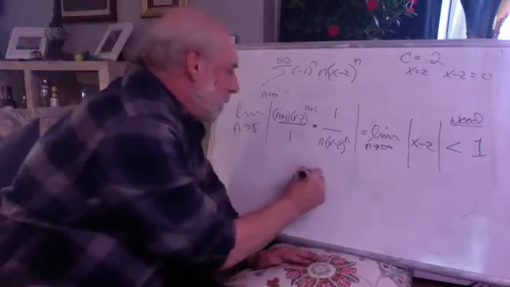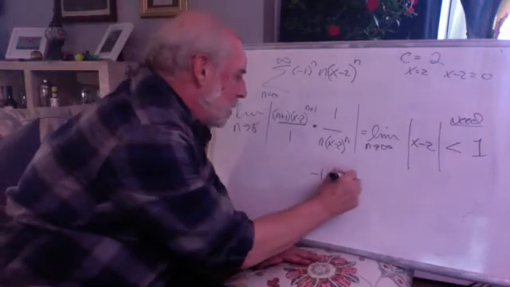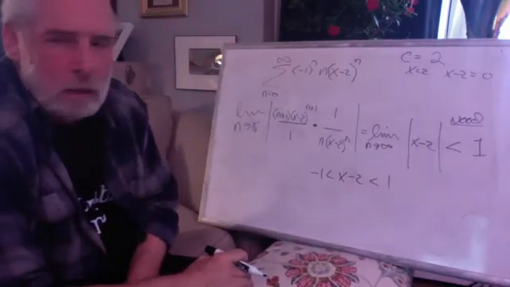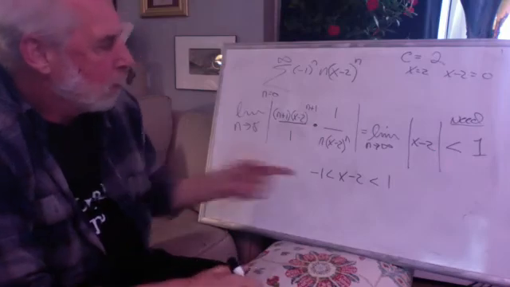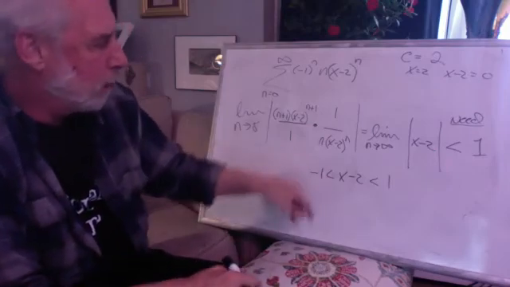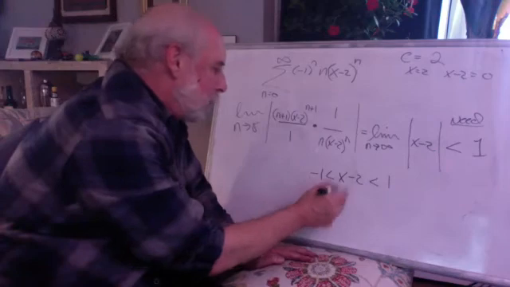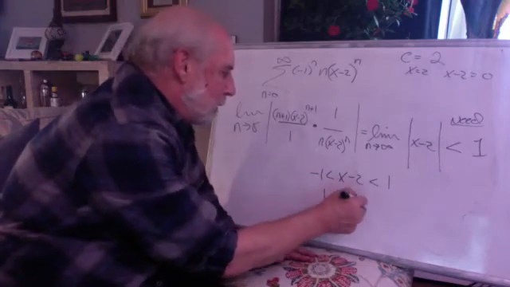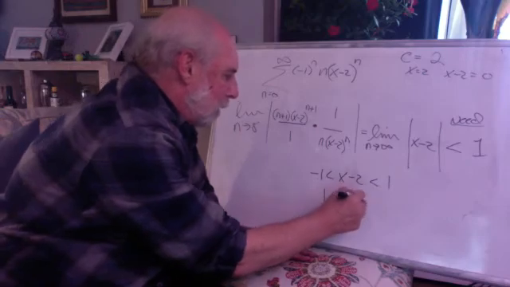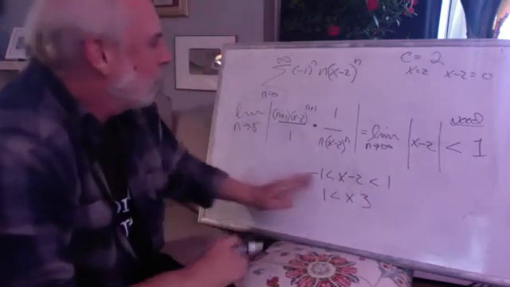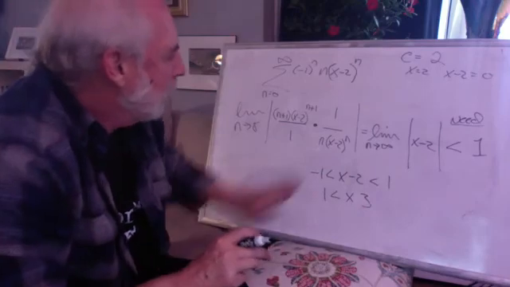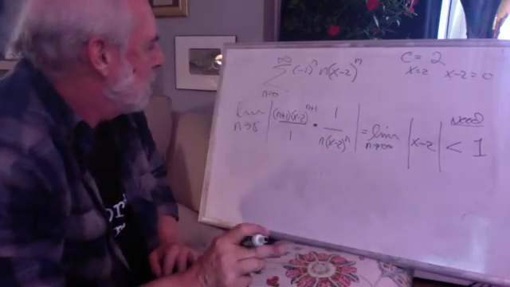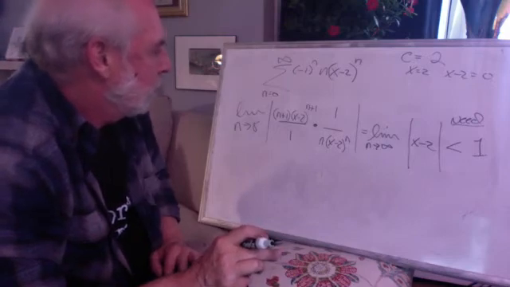So that means negative 1 has to be less than x minus 2, which is less than positive 1. We solve this little equation here. We're going to add 2 to both sides. So if we add 2, we get 1. And 2, we get x. And 2, we get 3. Wait a minute. Hold on a minute. Something's not quite right. I messed up somewhere. Where did I mess up?